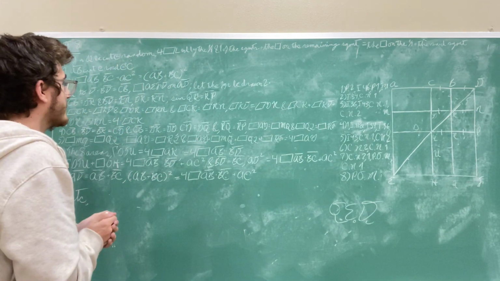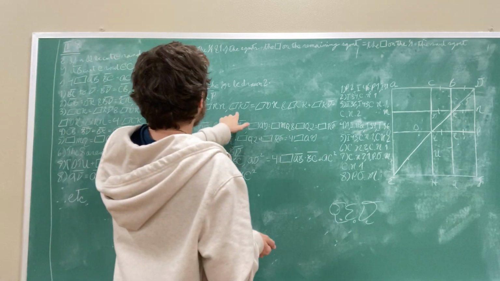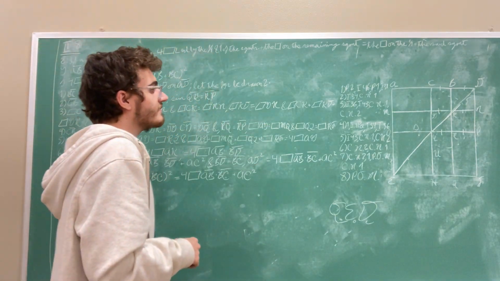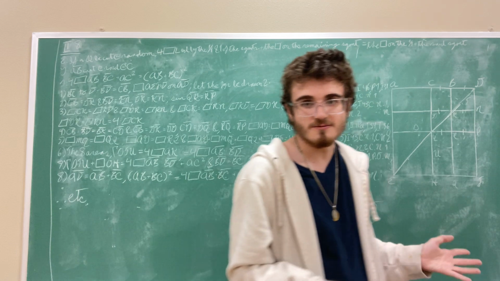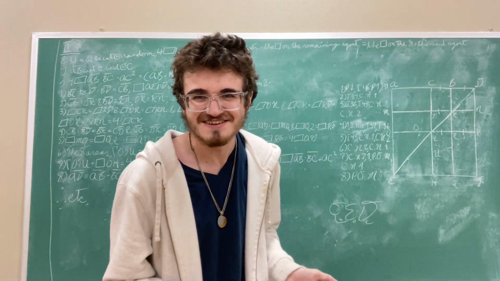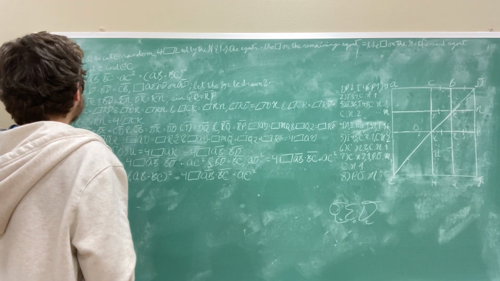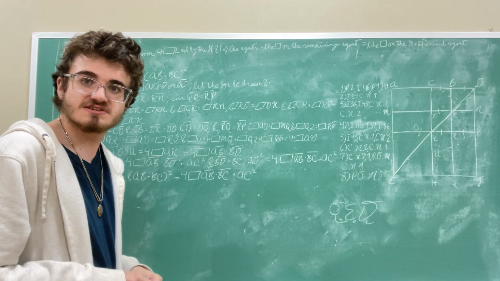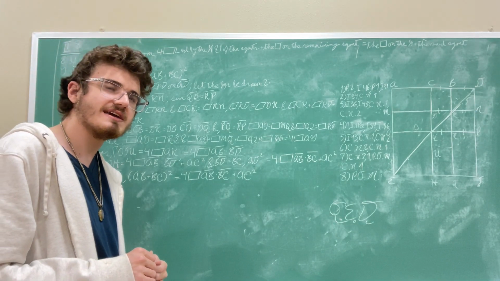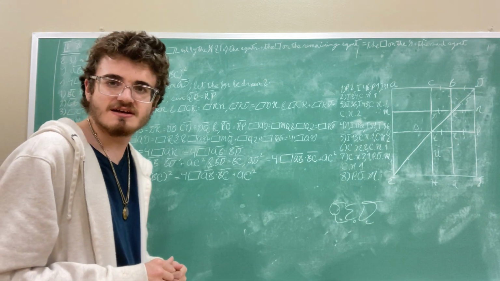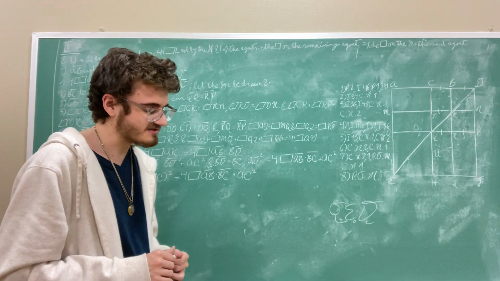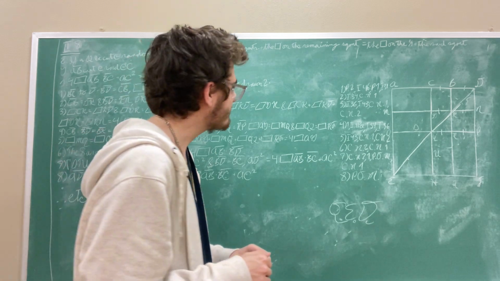Then again, by common notion 1, we can say that KD and GR are equal because they're equal to equal things. We saw this in the last proposition as well with, I believe, rectangle AF and CE. Not confident that those are exactly the rectangles, but I think that might be right.